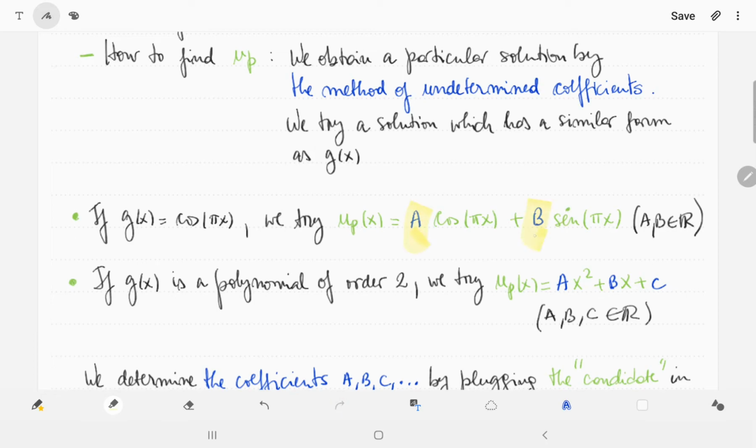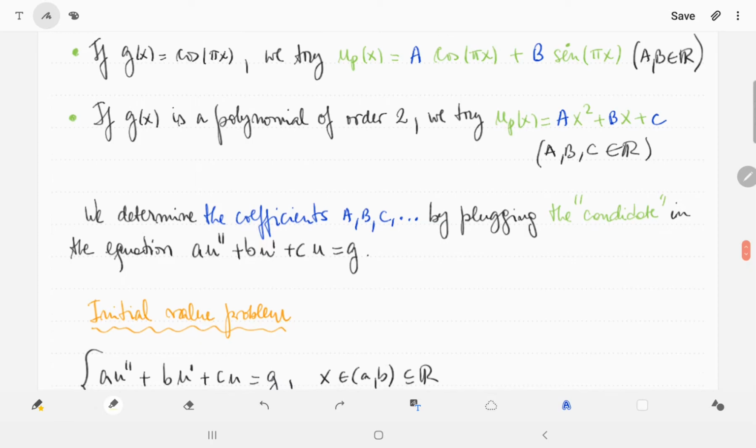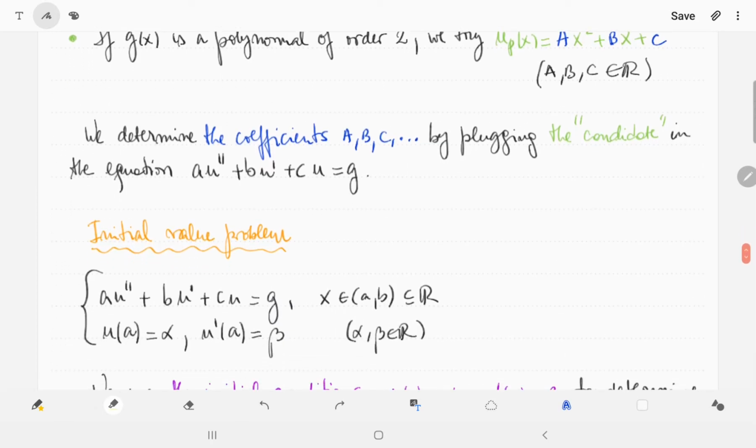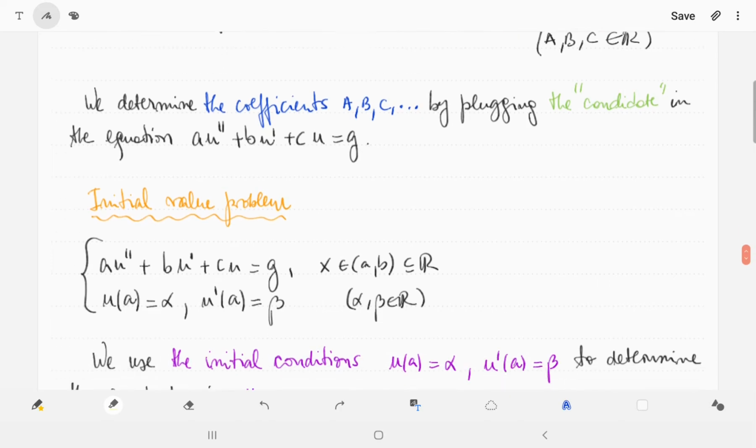If the function g is a polynomial of order 2, then a good candidate is a polynomial of order 2, where we have to find a, b, and c. Hopefully with examples and exercises, you will get used to finding these candidates.